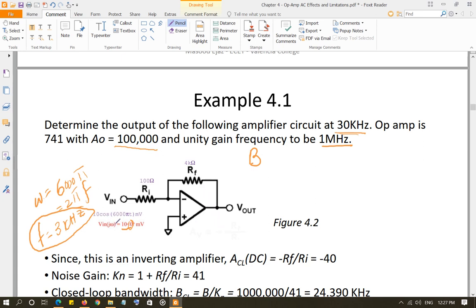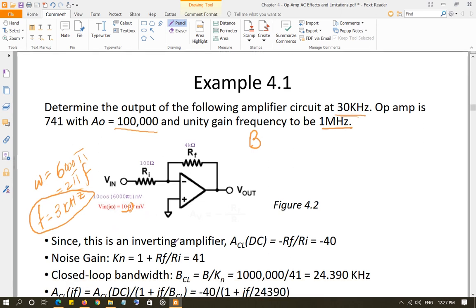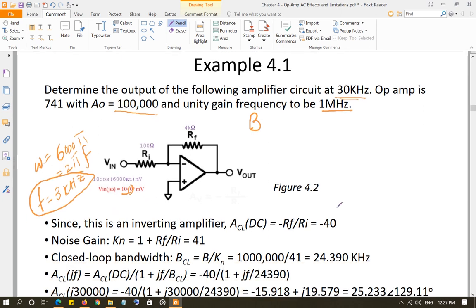So in this case, my phasor for input V in j omega is 10 angle 0 millivolt. Okay, so what I'm looking for, first of all, is to calculate the gain of the closed loop amplifier, ACL DC or ideal divided by 1 plus jf over BCL, right?